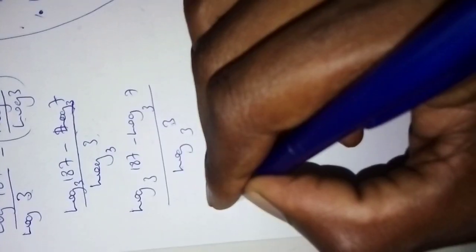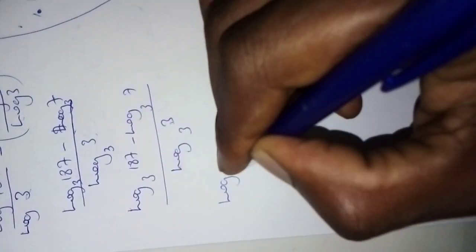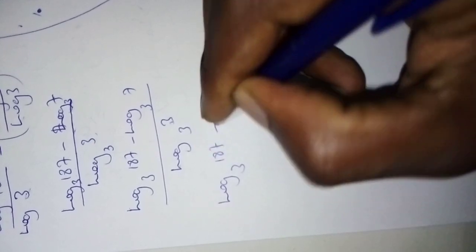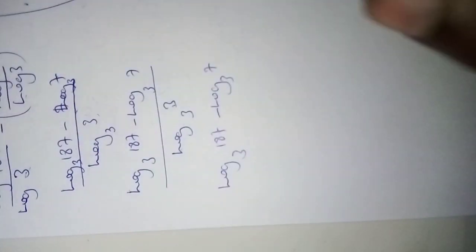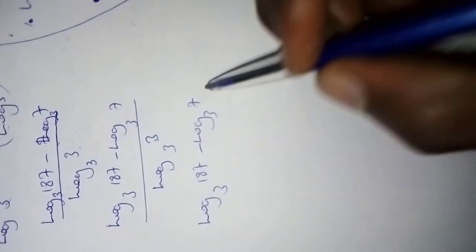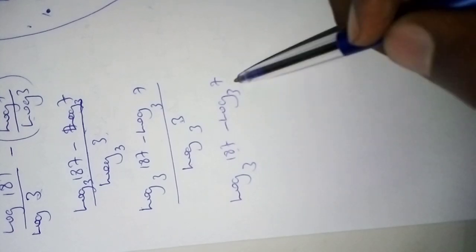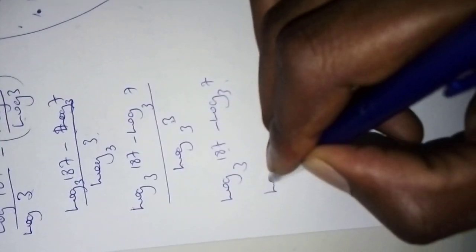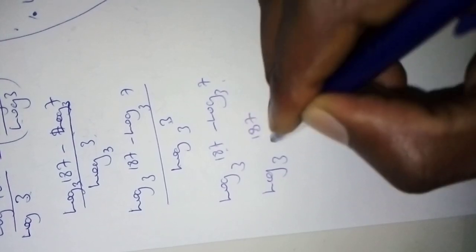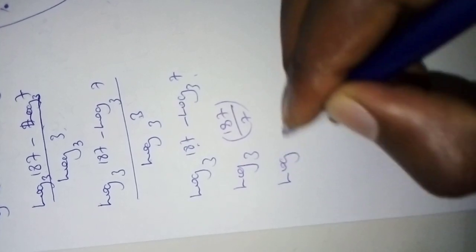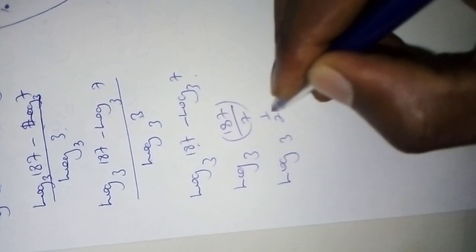So now this means that we are only left with log 3 187 minus log 3 7. Now from here, which law can we use? We can use the first law because these two are different from each other. So we can say that it's log 3 of 187 divided by 7, which is log 3 1 over 27.